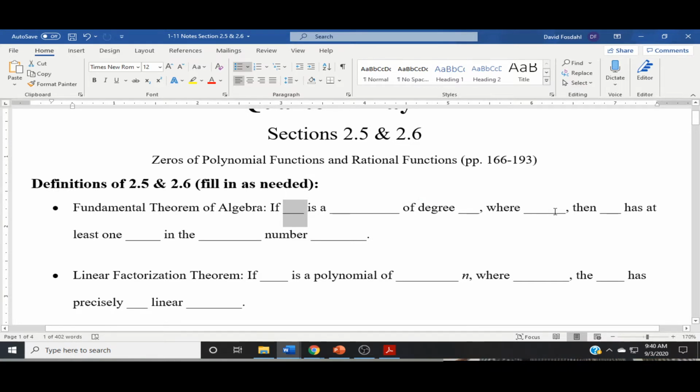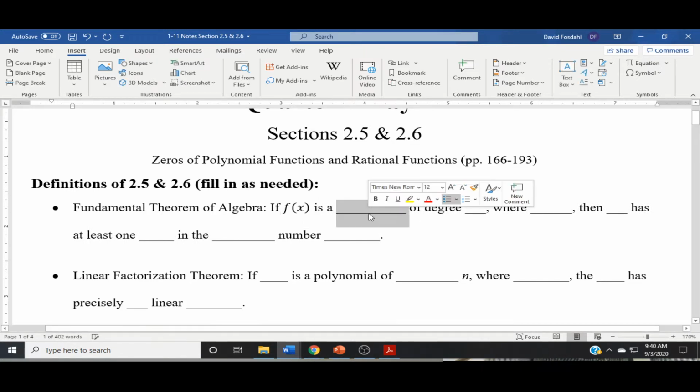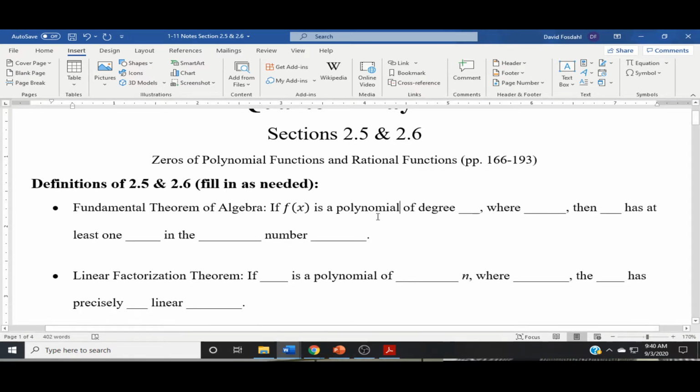Okay, so the fundamental theorem of algebra is actually about finding zeros. So if f of x is a polynomial of degree n.